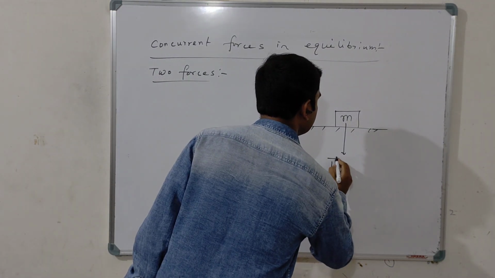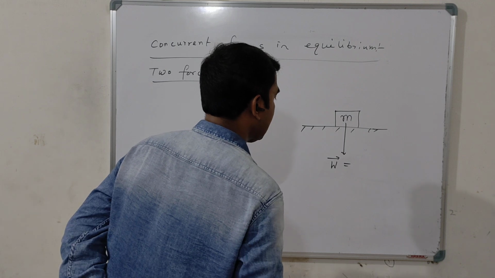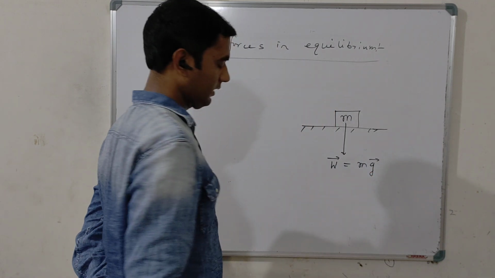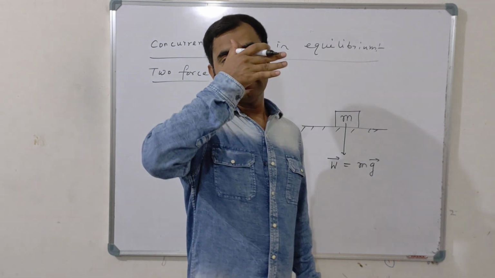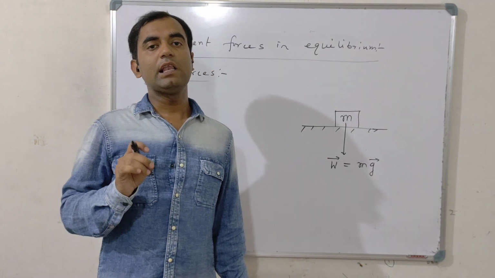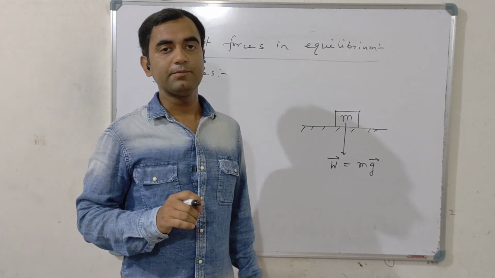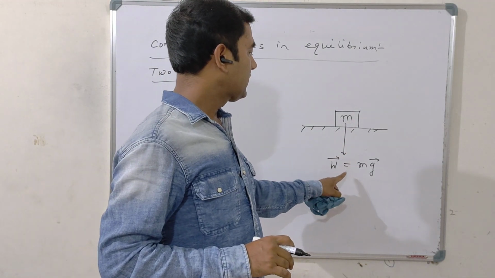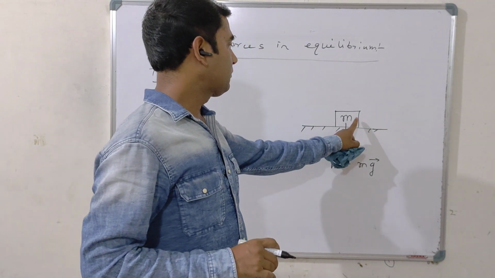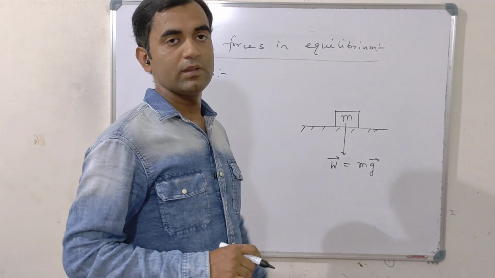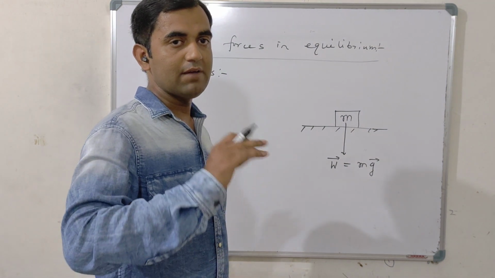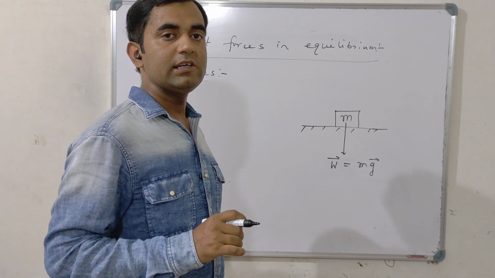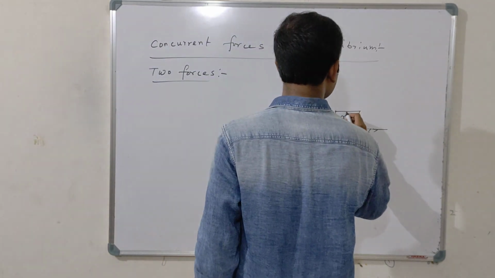We denote it as W vector equal to mg vector. And we all know that every action has an equal and opposite reaction. So, as the block is giving an action W in the downward direction, the ground will give a reaction to the block in the upward direction.